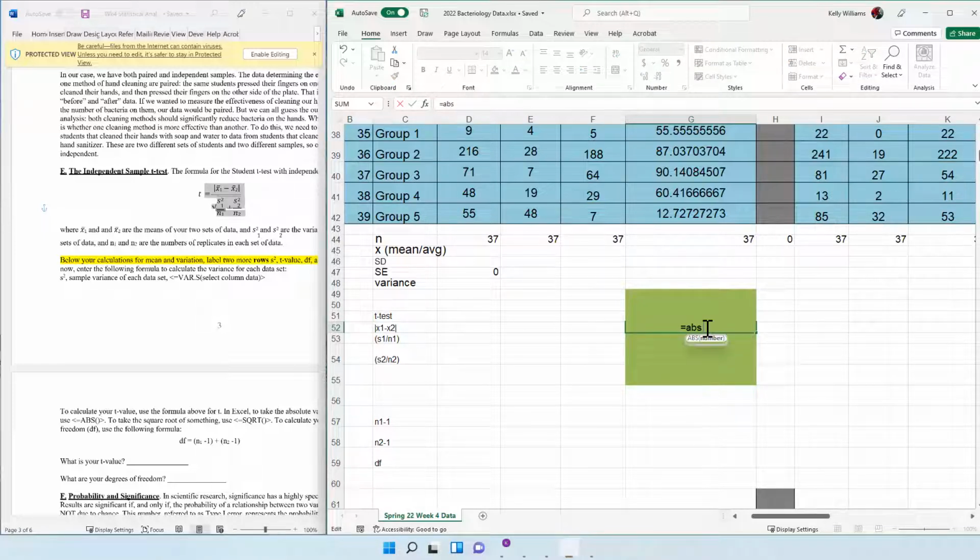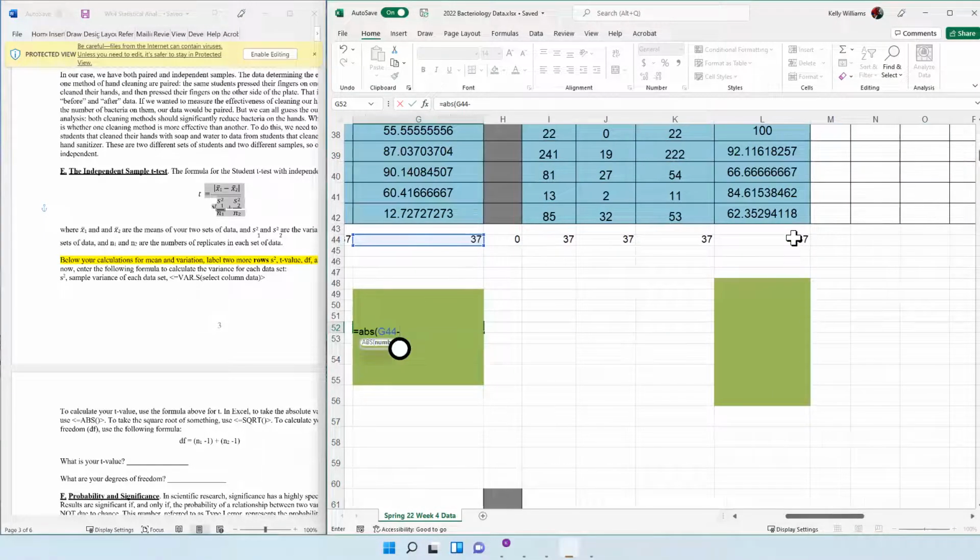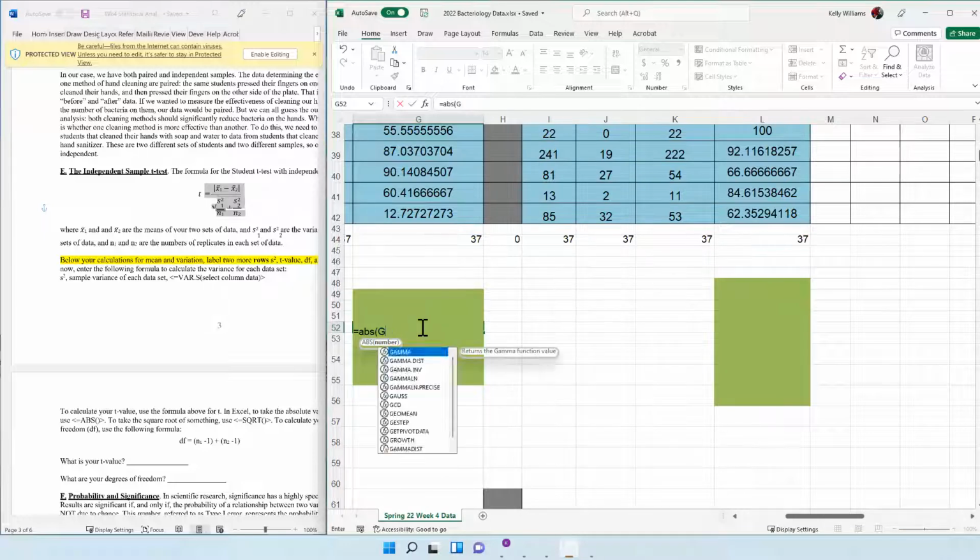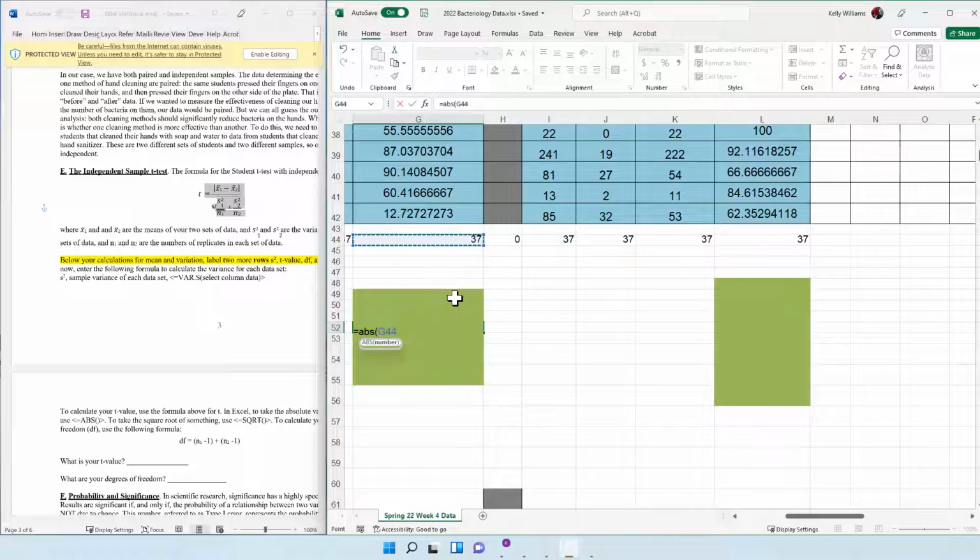And then we can do this, and we're going to do x1 minus x2. So we'll call this one x1, this one over here x2. So it would be this minus, we'd have to scroll over a little bit here, this, and actually that's not the right one. This is n, so we would do it for the mean, which, just to not confuse you, let's do that.